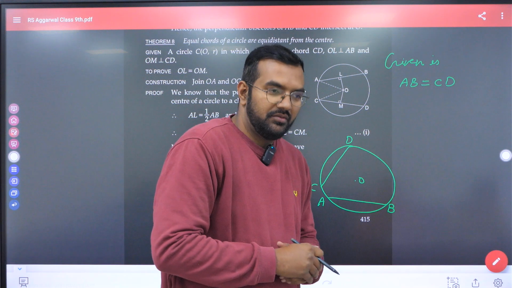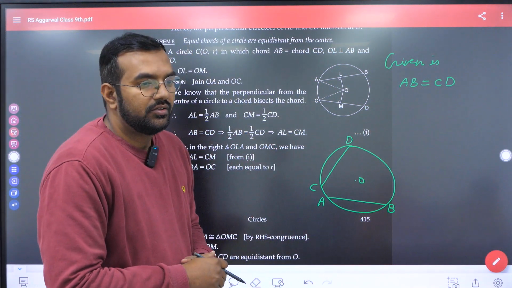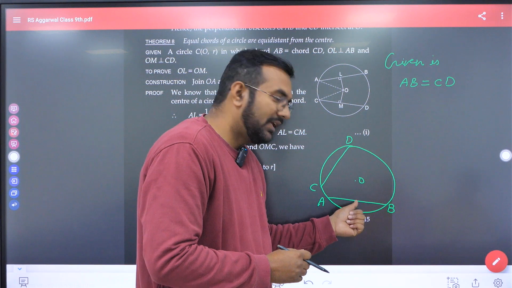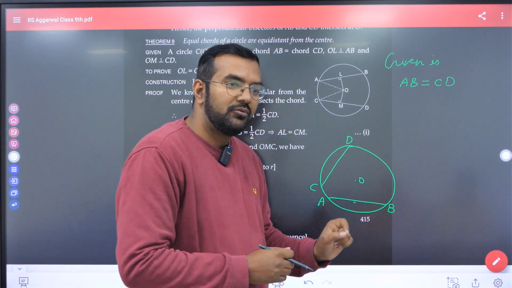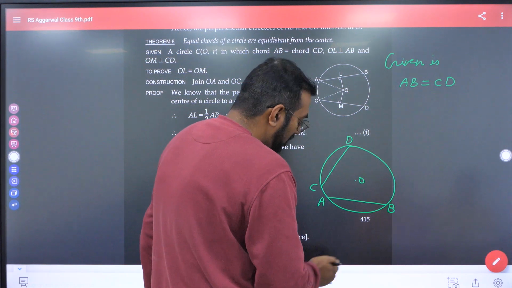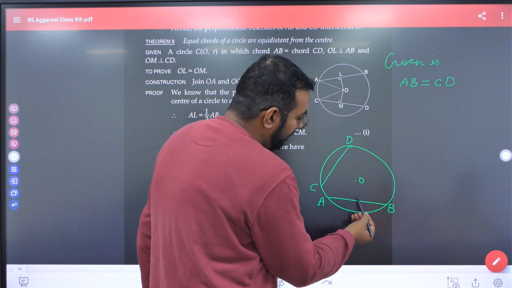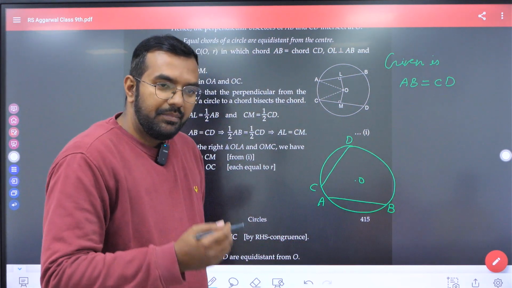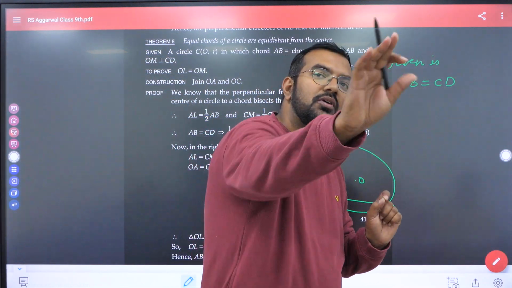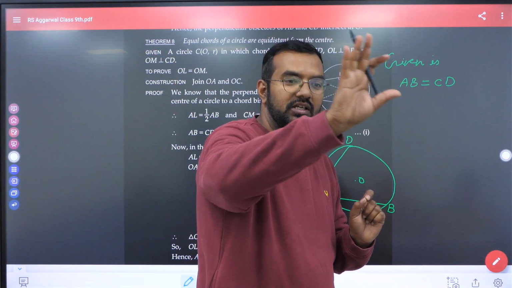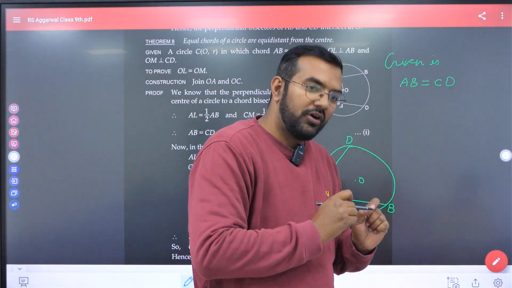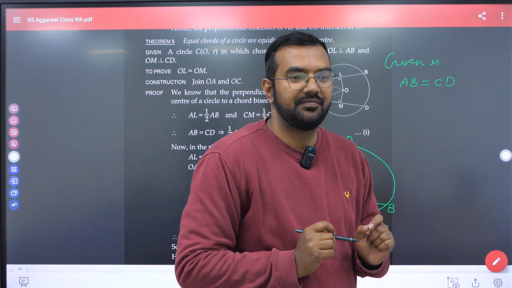and we know that to represent the distance from a point to a line segment or a line, we have to draw a perpendicular. A perpendicular line from a point to a given line represents the distance from this point to that line.